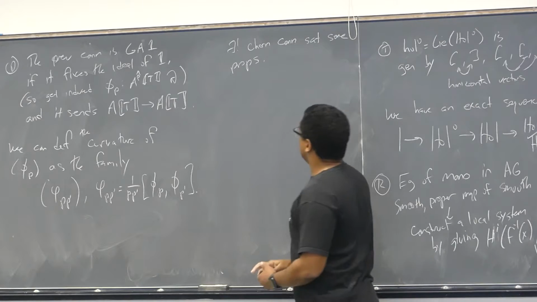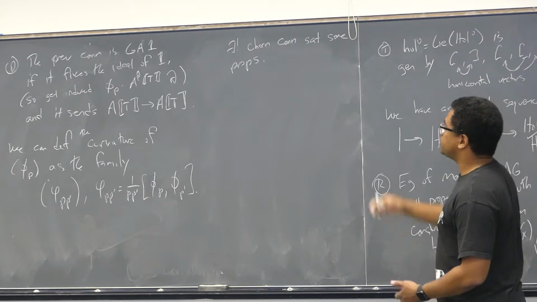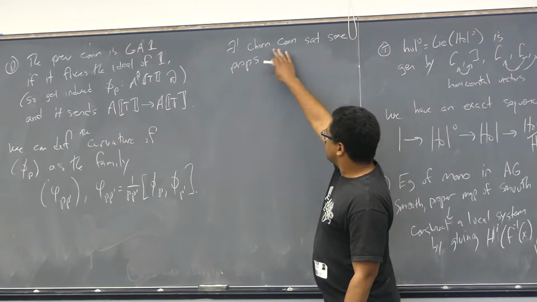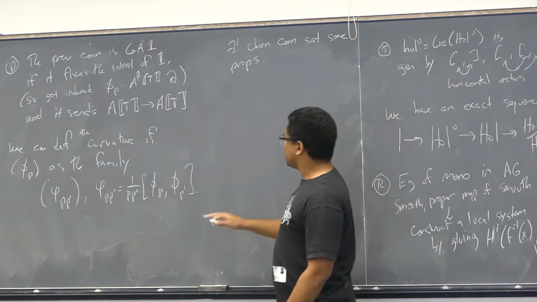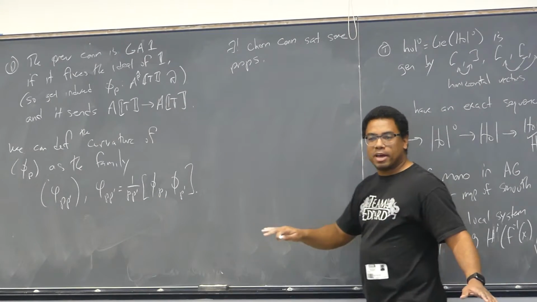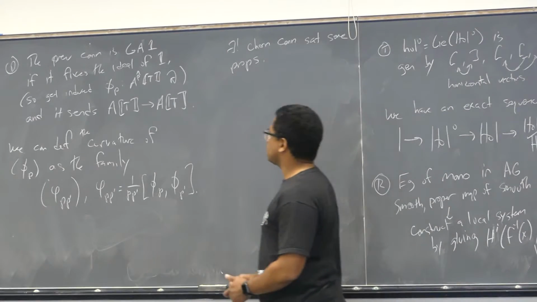So if we require that some properties be satisfied, some compatibility conditions, we get this unique Chern connection. And each of these Chern connections depends on some matrix little q with entries in roots of unity or 0.